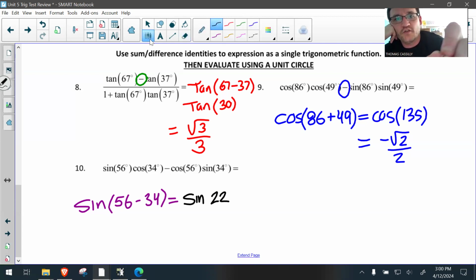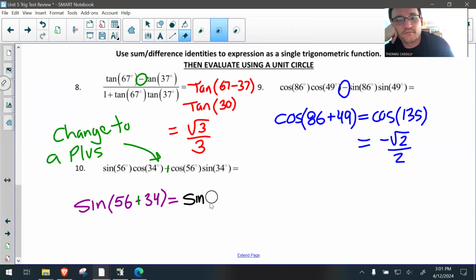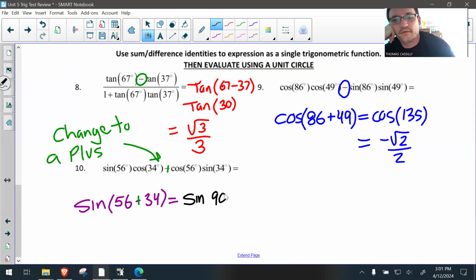Let's go ahead and change this to a plus sign. Because if we do that, 56 plus 34 is 90. And 90 is a number on the unit circle. So the sine of 90 is 0. No, it's not. It's 1. So the sine of 90 is 1. All right, so keep that in mind.